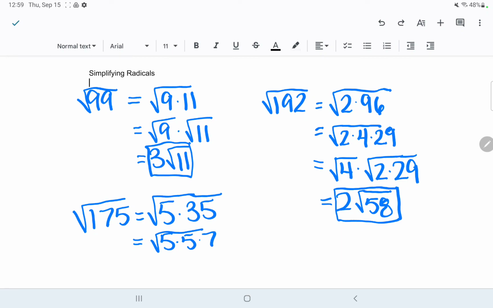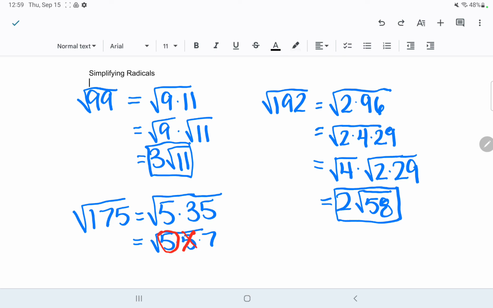So this is a little bit of a different approach because I didn't have a perfect square, but I do have a perfect pair. What I do in this situation is I circle one of the pair. That will come outside the square root. I cross off the other one from the pair. That's going to disappear.